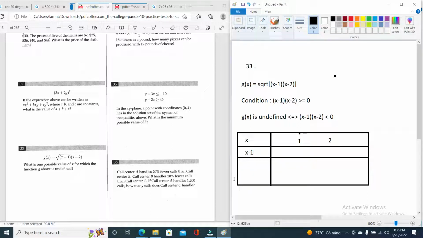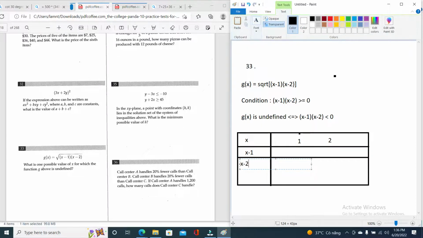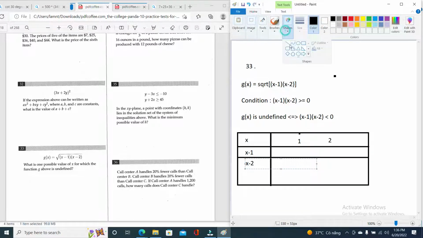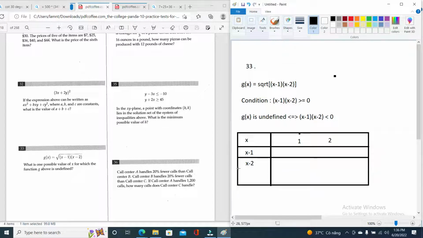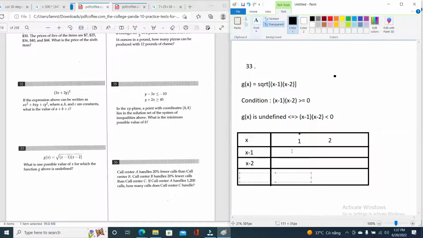And on the next line we can consider the sign of x minus 2 here. And for the last line we consider the product, x minus 1 times x minus 2.